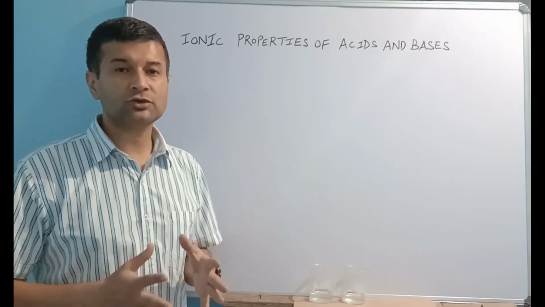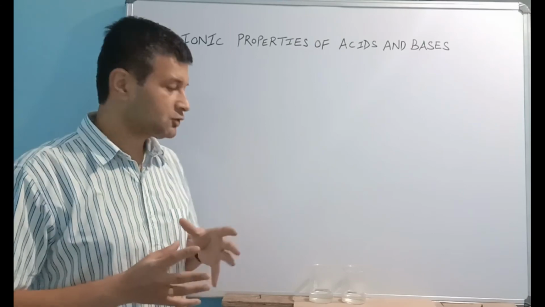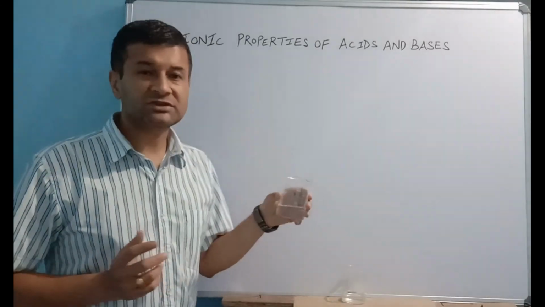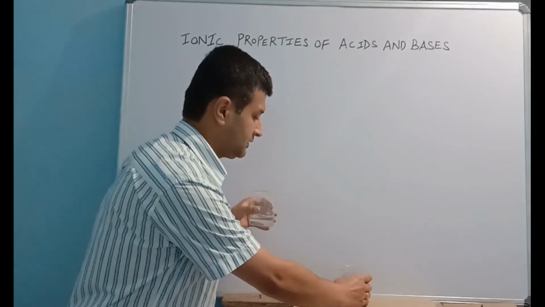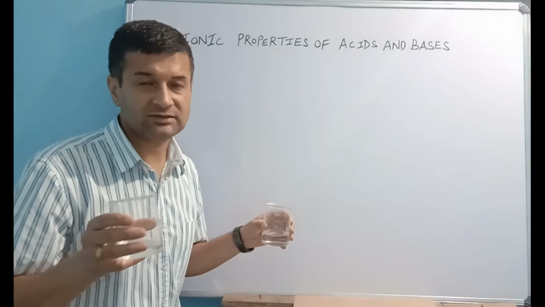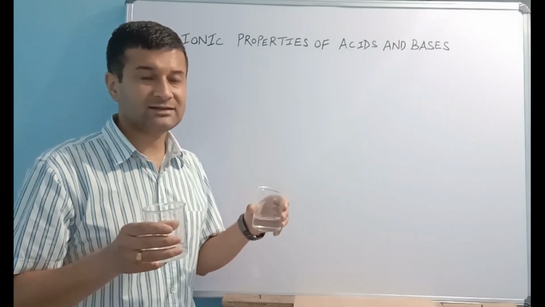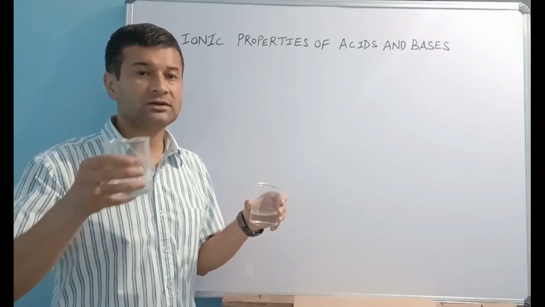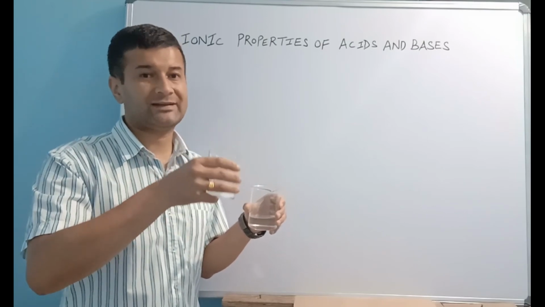So I am going to show you how we mix acid in water. For that, I have taken concentrated sulfuric acid and I have taken water in this beaker. So now I am going to mix acid in water. We are never supposed to mix water in acid. This may cause accident.